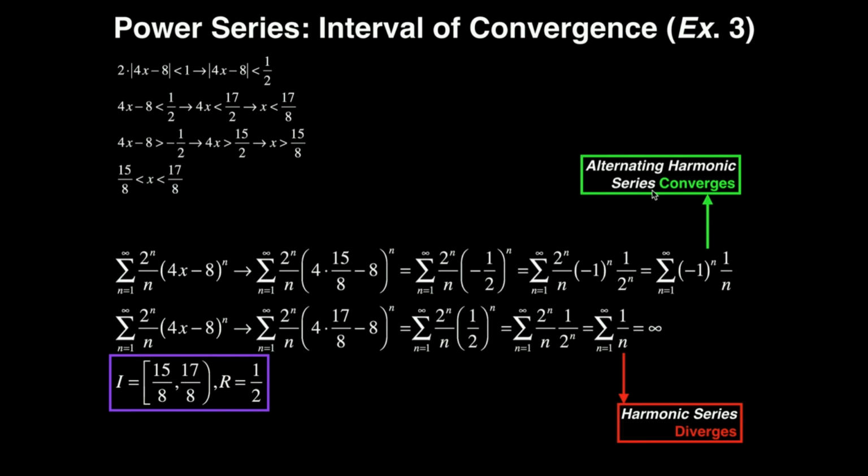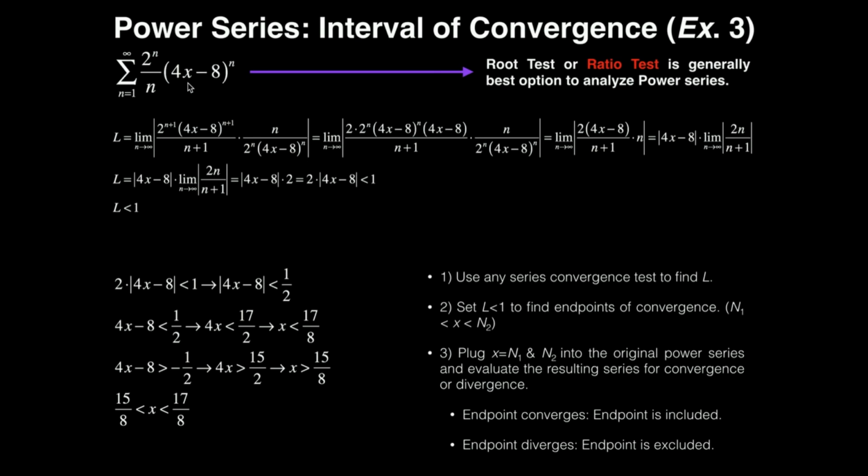And depending on how rigorous your professor is, they may ask you to show that this alternating series converges. But in some cases, you might be able to just memorize, and it might be sufficient to say that it's a known fact that the alternating harmonic series converges. So, in other words, if we were to plug the x value 15 over 8 into the original power series, the power series would converge on x equals 15 over 8.